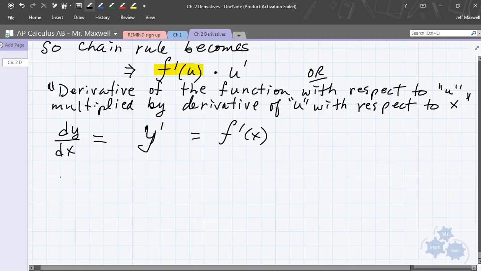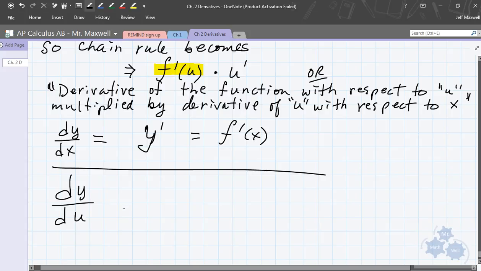If you want to find the derivative of y, which is our f of x function, or our f of u function, we would find the derivative, okay, of y with respect to u, and then multiply it by the derivative of u with respect to x. So this right here is the Leibniz notation for the chain rule.